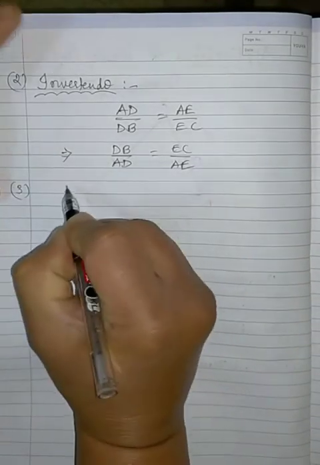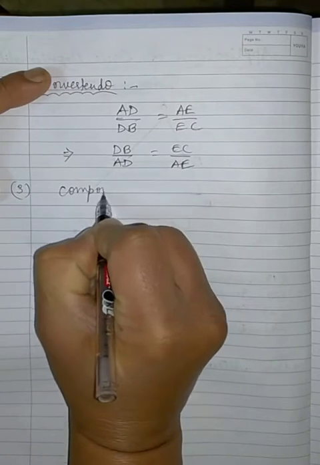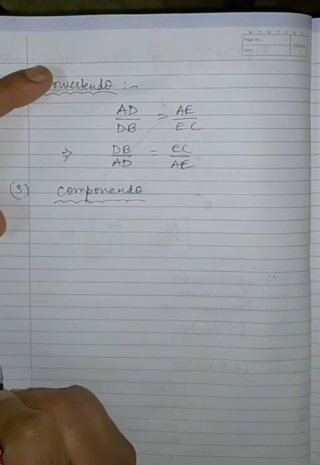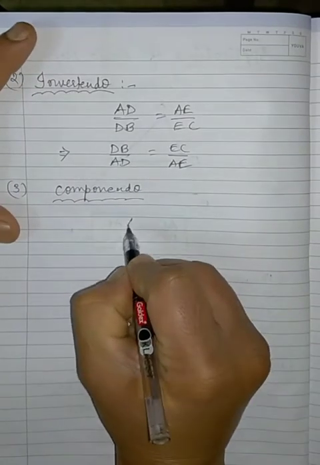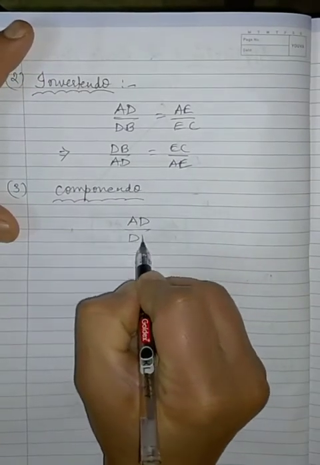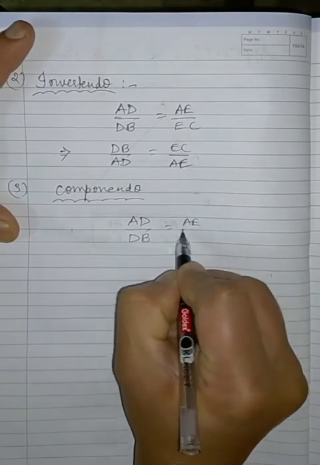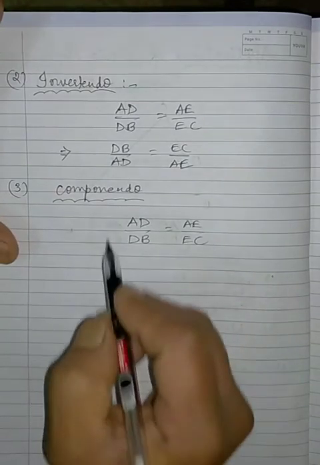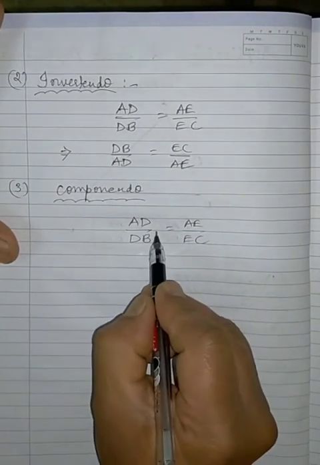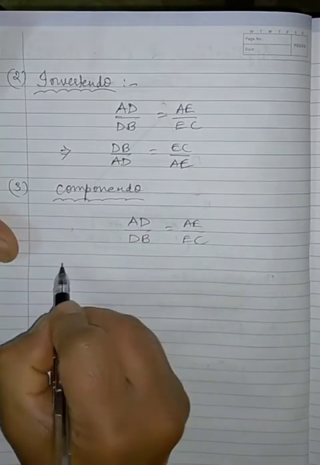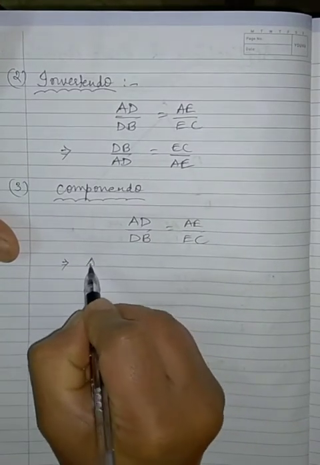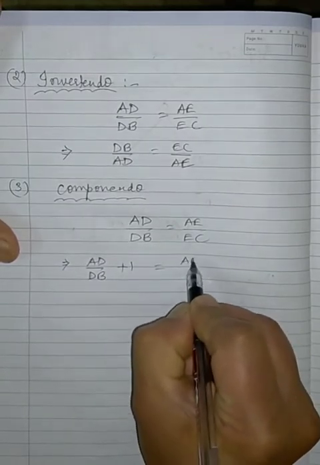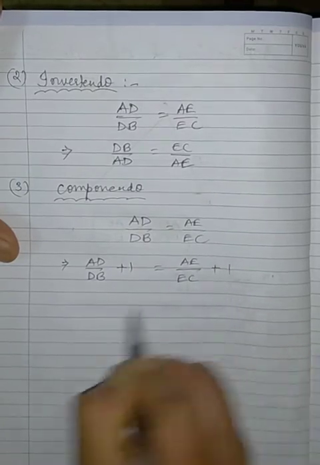Third one we have is componendo. The main relation we have is AD upon DB is equal to AE upon EC by Thales theorem. In componendo, we add 1 to both sides. AD upon DB plus 1 is equal to AE upon EC plus 1.